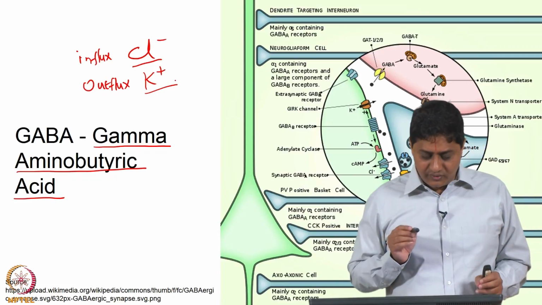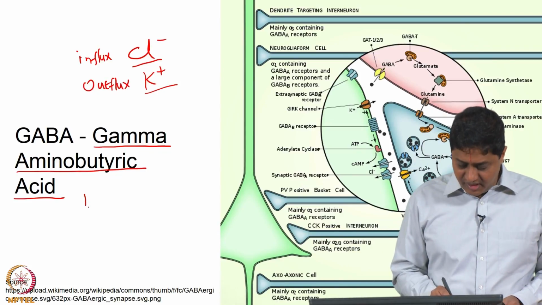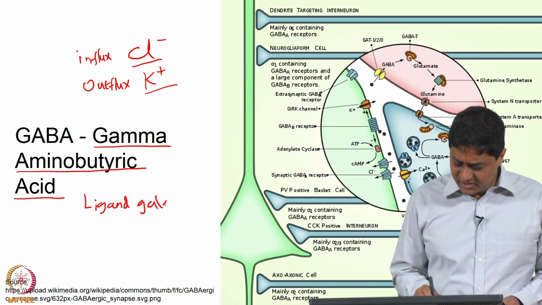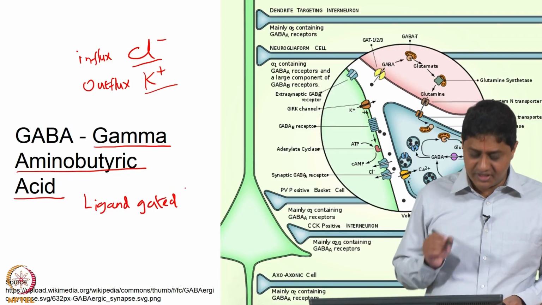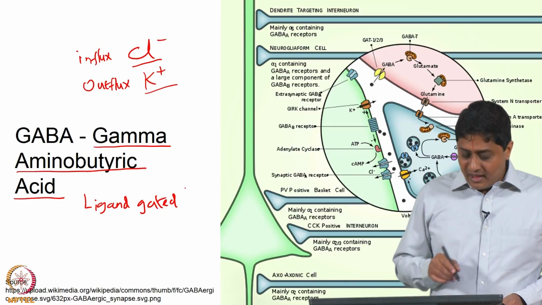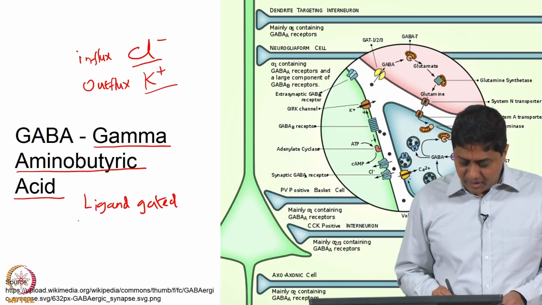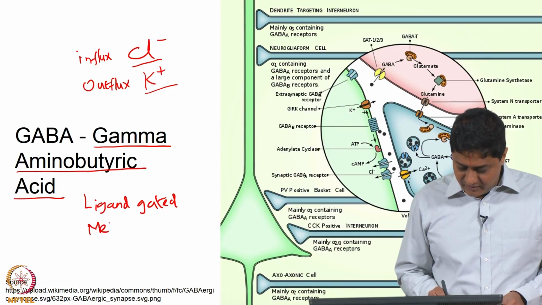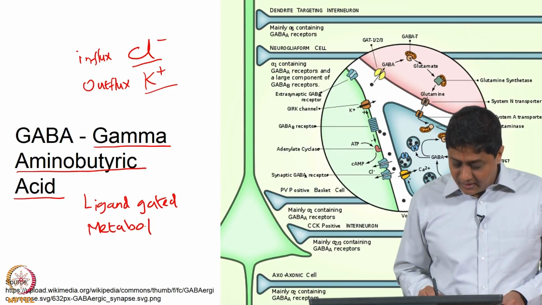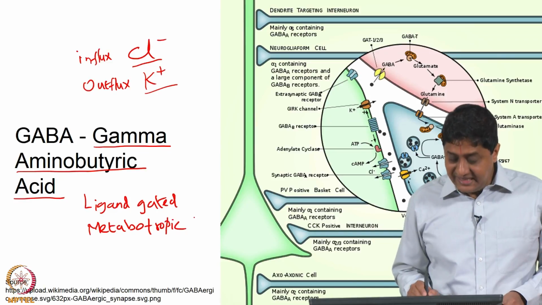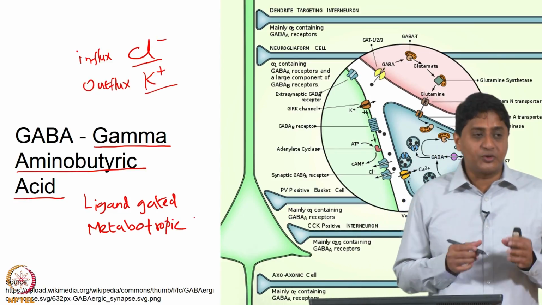Here there are two methods. One is the ligand gated GABA channel, similar to the nicotinic cholinergic receptor, which is also a ligand gated channel. The other one involves the metabotropic receptors, those that involve mediators, that involve G protein.